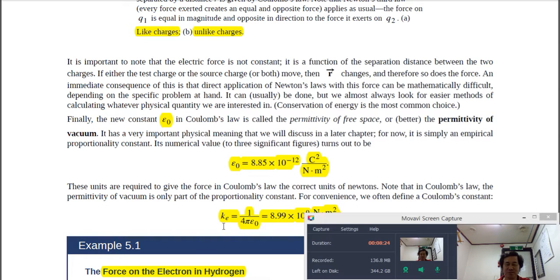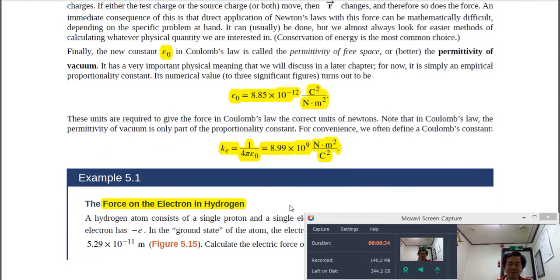Sometimes we use K, which is equal to 1 over 4 pi epsilon 0. Then the constant K is about 9 times 10 to the 9 Newton meter squared over Coulomb squared.